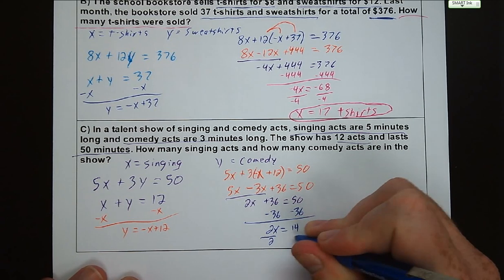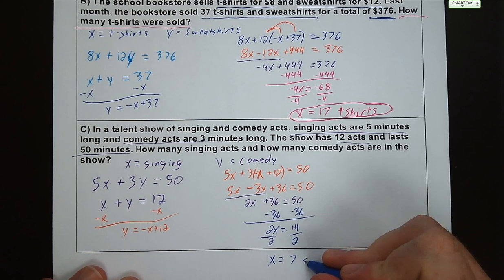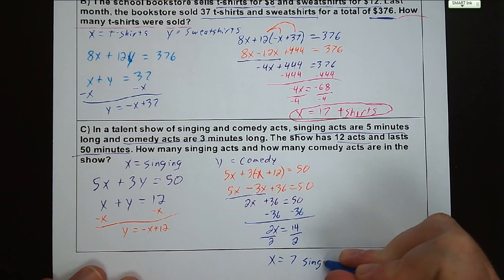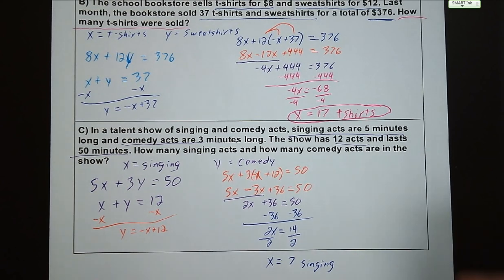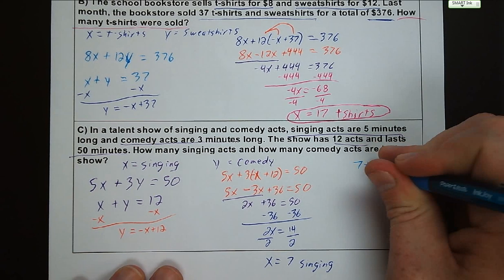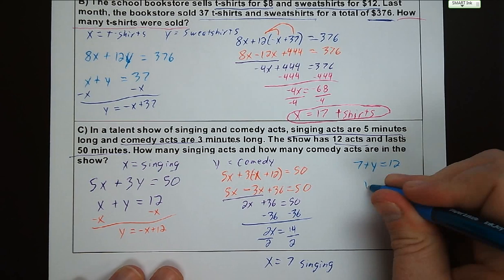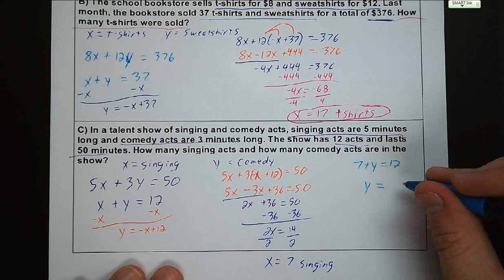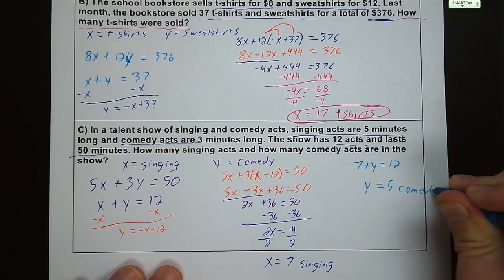Divide both sides by 2, and x equals 7, singing. All right, now we want to know how many comedy acts there were. So we have 7 plus y equals 12. Subtract 7 from both sides, and y is equal to 5 comedy acts.